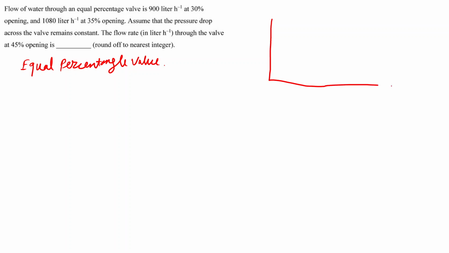So first of all, in this given question, we have been given an equal percentage valve. If we have to draw the characteristics of this equal percentage valve, we can draw it like this. Let's say x is my valve opening, that is, how much percentage of the valve is open, from 0 to 1, where 1 means the valve is 100% open.